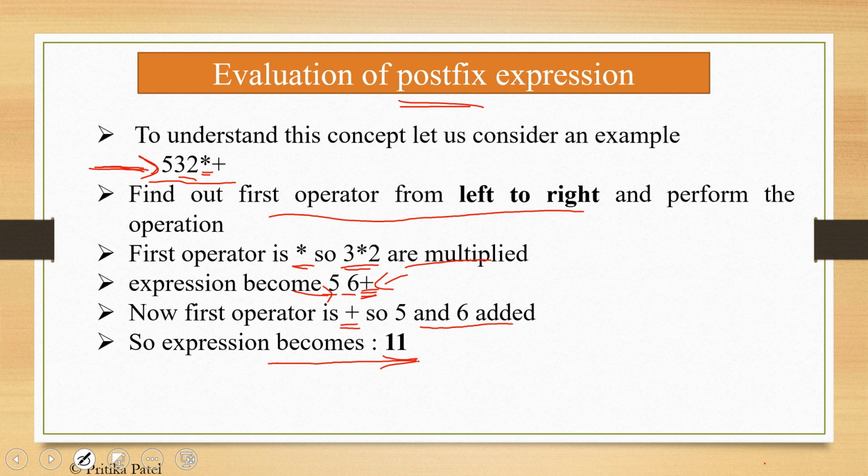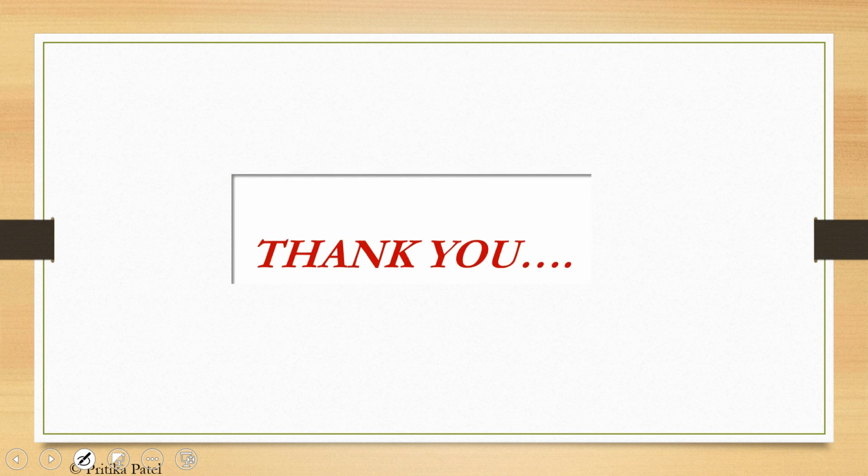So this is the evaluation of postfix expression. What we have to keep in mind as the rule for postfix expression evaluation is that the expression is scanned from left to right, and whenever we get an operator, based on this operator we perform the operation. Thank you.